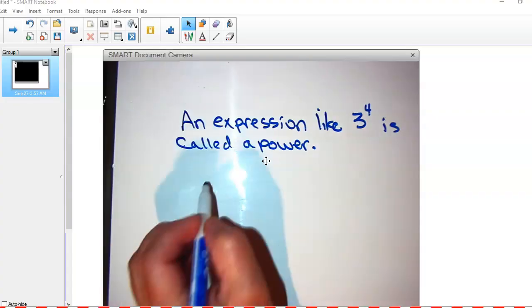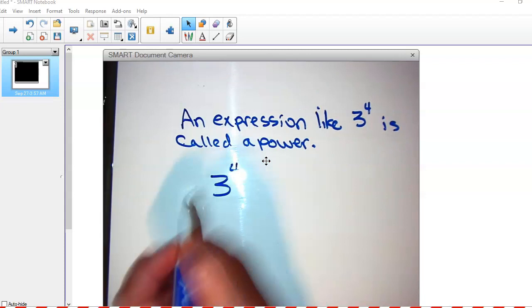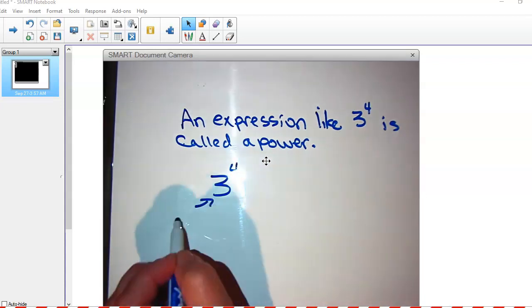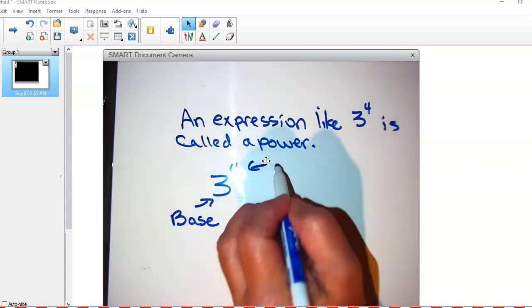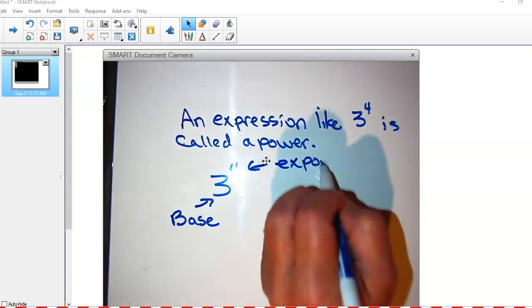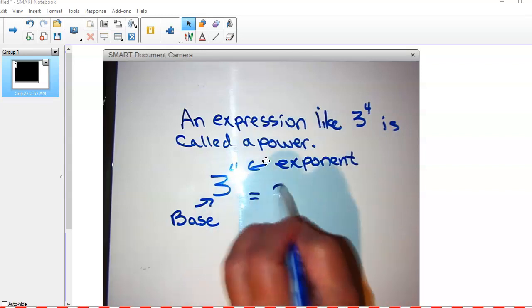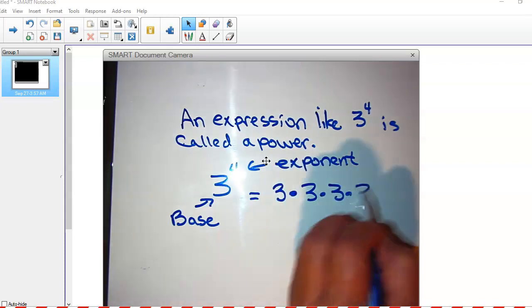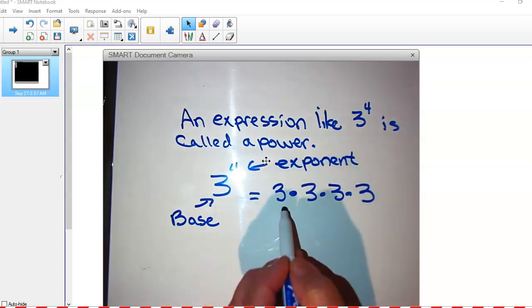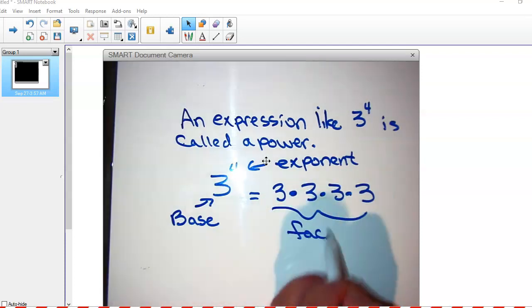For example, let's look at these pieces here. 3 to the 4th power. This right here is called the base. This is your exponent. And to simplify this, or to break it down, I should say, 1, 2, 3, 4, it means to multiply 3 by itself 4 times. And these are called your factors.